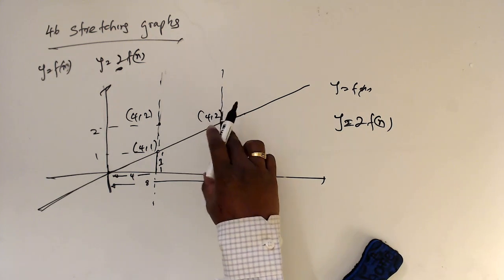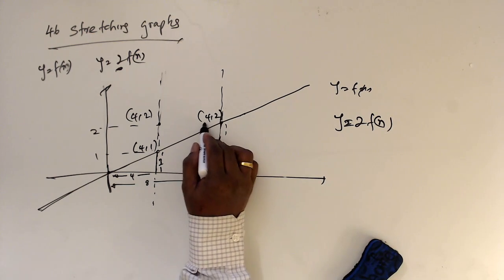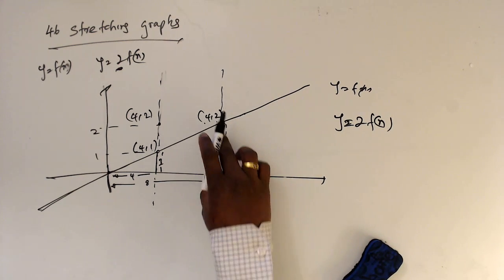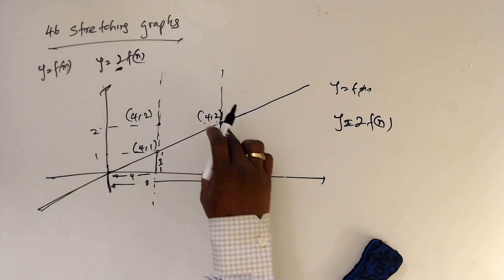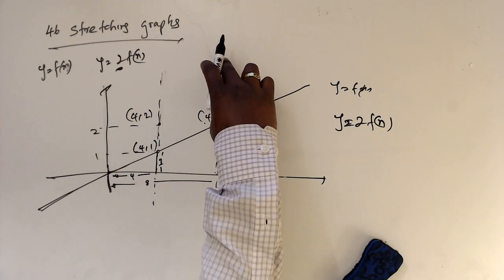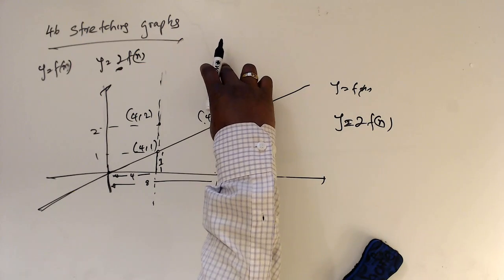Now this coordinate is 4, 2. We keep the x value the same and we have to double the y value. So 2 becomes 4.